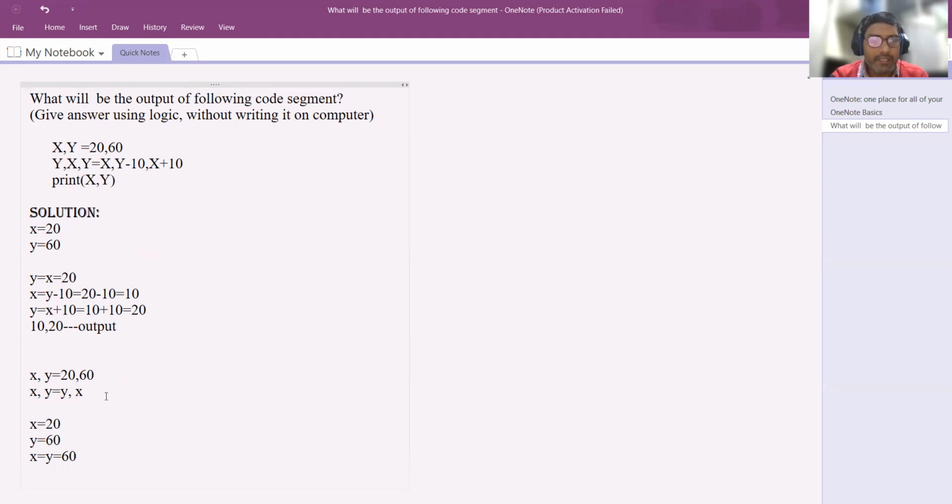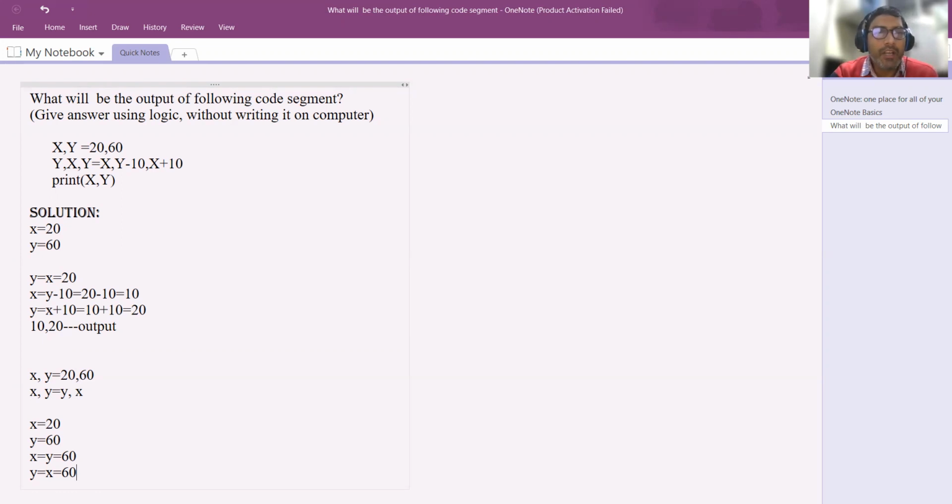Then y is equal to x, and what is x? x is 60, because the updated value of x is 60. So we will get the answer 60. So x is 60, y is 60, which is totally wrong.